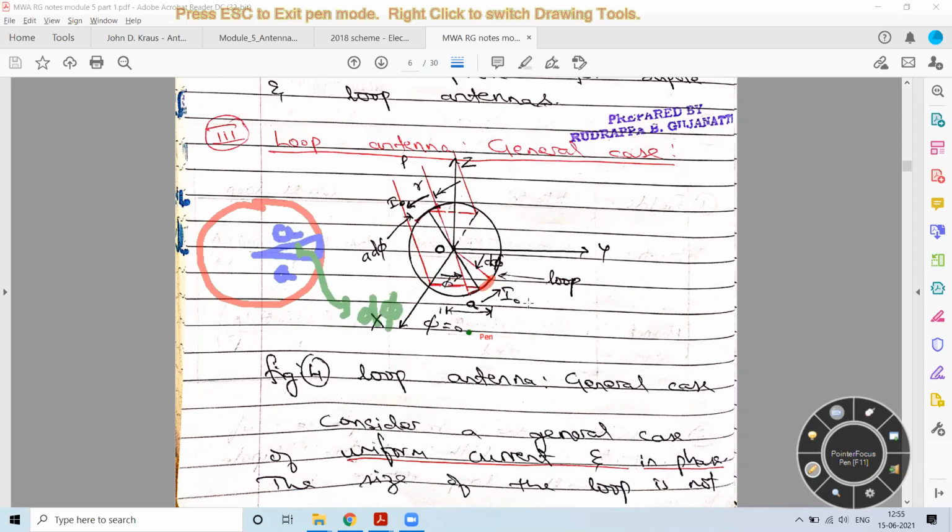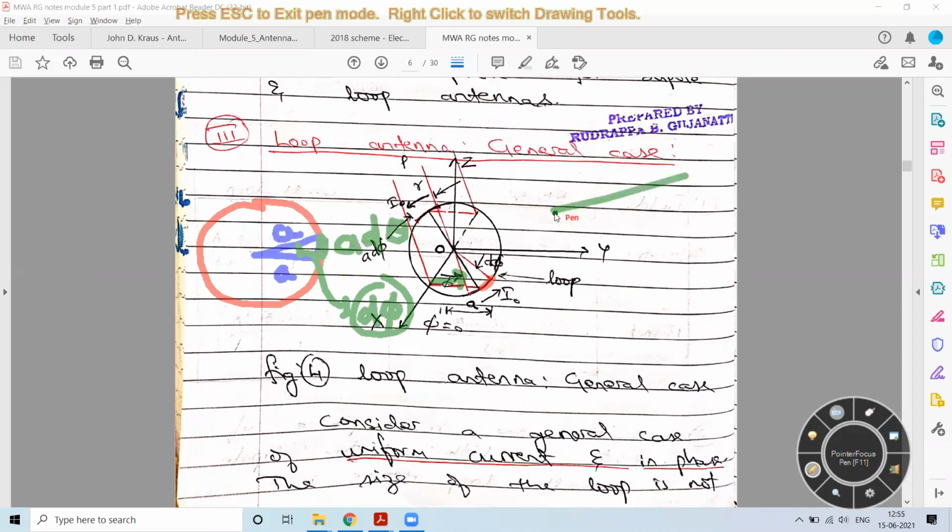It is placed in the xy plane, and this is the phi direction. So I'm considering a small elemental angle which gives rise to a small elemental length of this loop. What is the length of the small elemental parameter over here? It is given by radius into the angle.